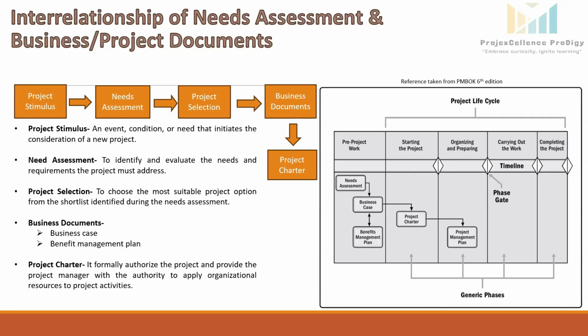Finally, the team will come up with a compiled report, a summarized report of the needs assessment, which will identify the viable project options. So the next step is the project selection, to choose the most suitable project option from the shortlist identified during the needs assessment. So now the team will evaluate detailed proposals for each shortlisted option.